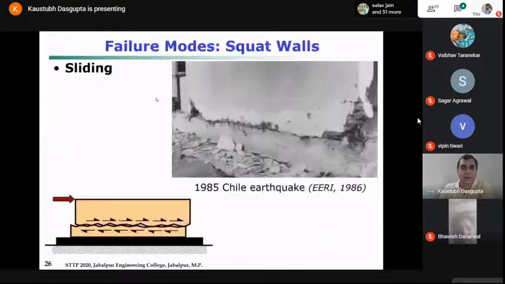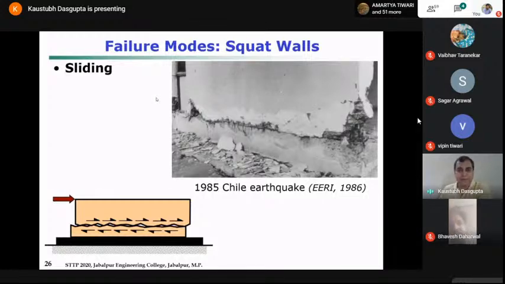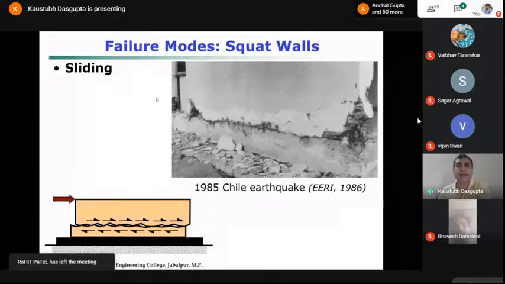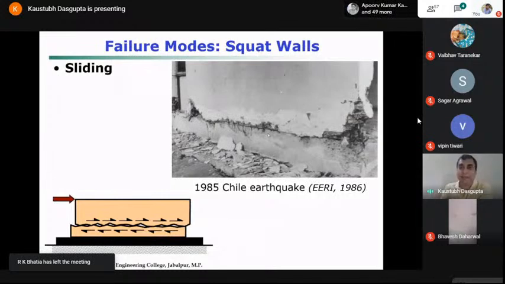Okay. Let us come to some of the failure modes of squat walls. Sliding can be a possible mode of failure, as we had seen here. Now, in ordinary cases, conventionally, sliding is rarely likely to happen because when you look at the bottom part, unless you have some construction joint or already existing some weak plane, already the concrete is distressed, somewhat weak, then only there can be some relative movement.